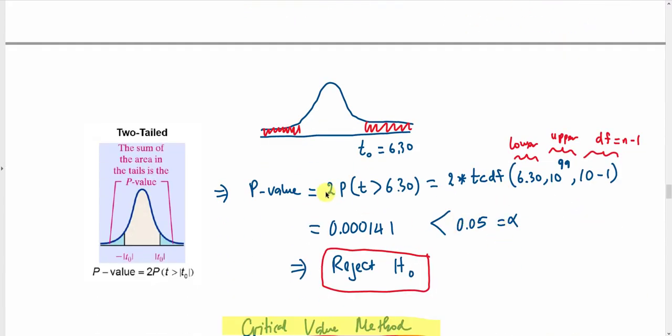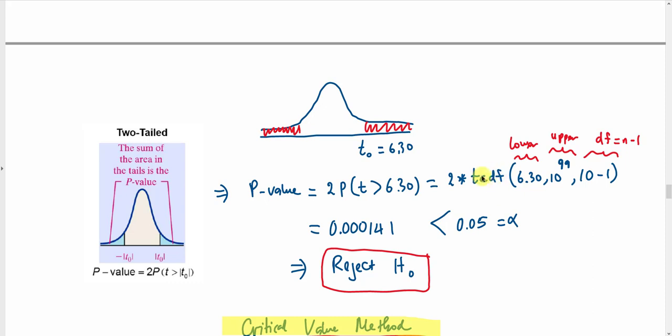We know this is two tails, so T0 is the positive value, and we label it here. All you do is find the area of this right tail and multiply that by 2 to get the sum of both tails. Okay, so this is the T distribution, so we use the tcdf.